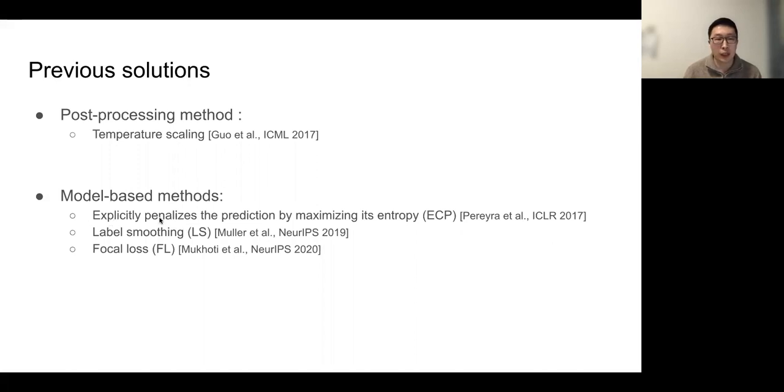For example, the first one tries to penalize the prediction by maximizing its entropy. And the second two are label smoothing and focal loss. They are all very well-known losses, and two recent papers found that they are very effective for improving the calibration as well.